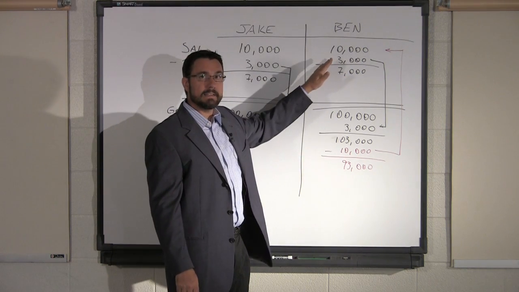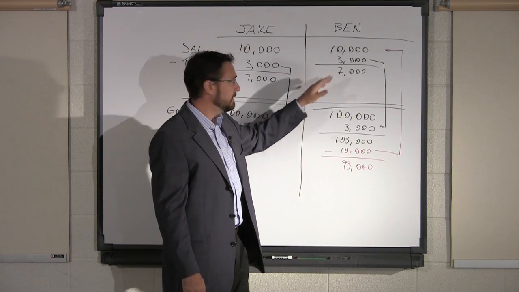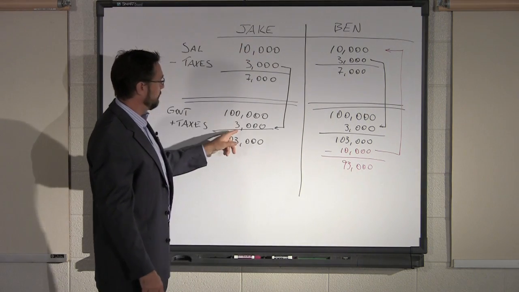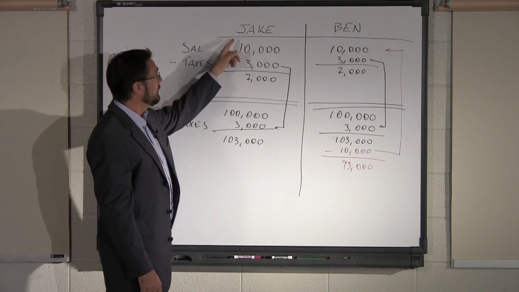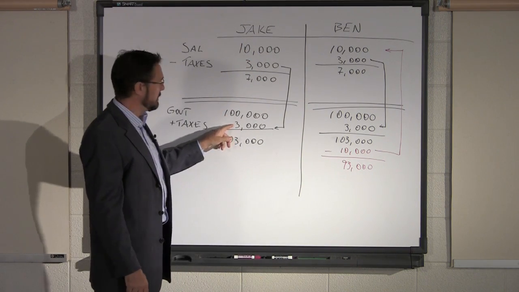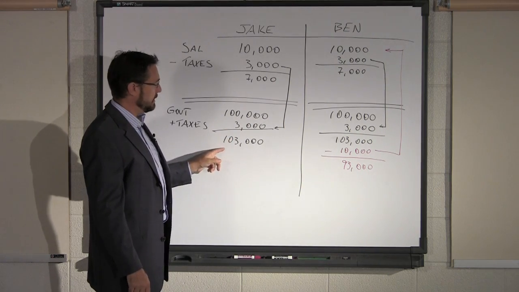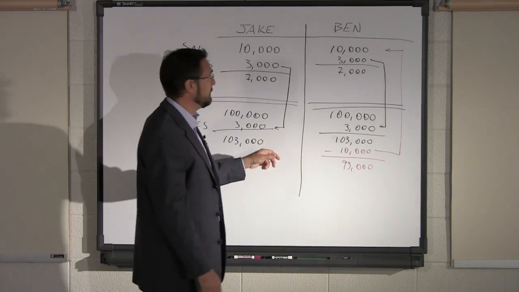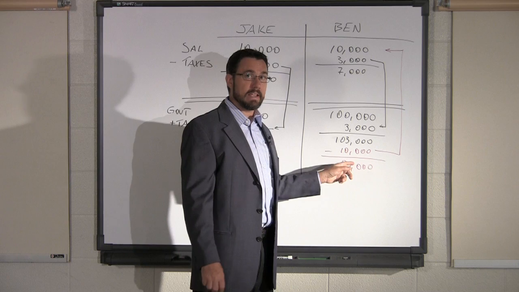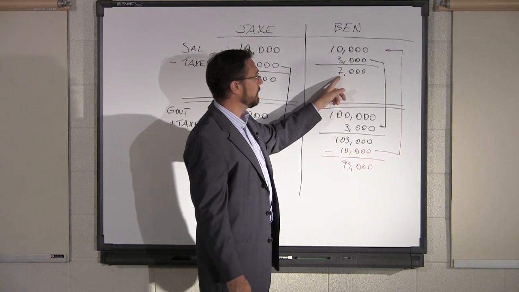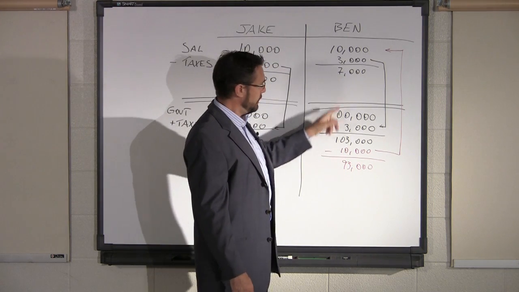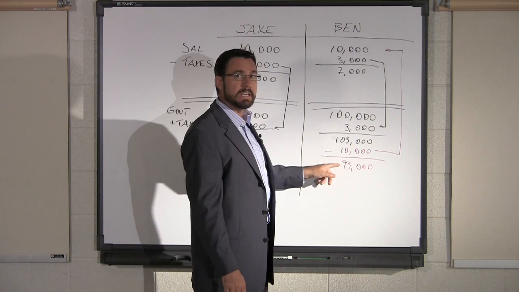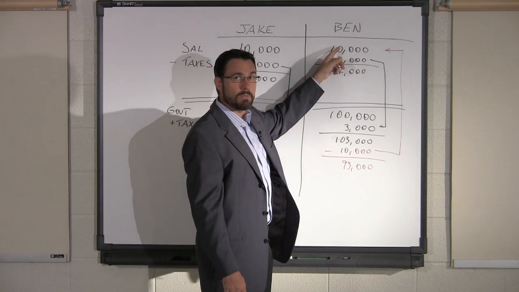So Ben is a net tax consumer. Jake is a net taxpayer. He pays net taxes in the amount of $3,000, which increases the government's fund. Ben is a net tax consumer in the amount of $7,000, which is the amount by which the government fund decreases after its transaction with Ben is finished.